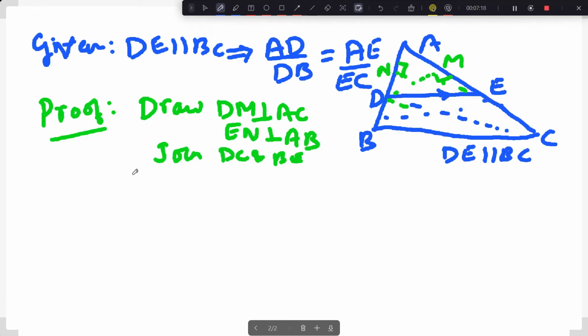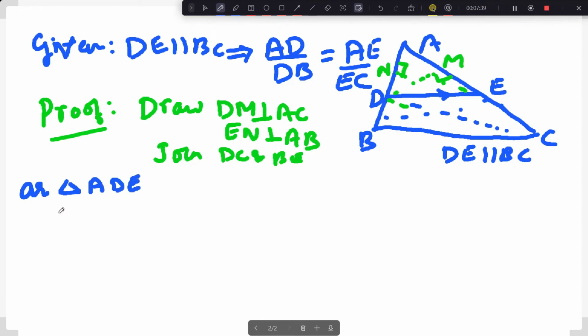Okay, so we have joined. Now what we are going to see is the area of triangle ADE.